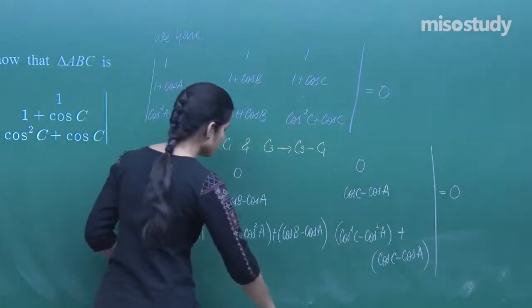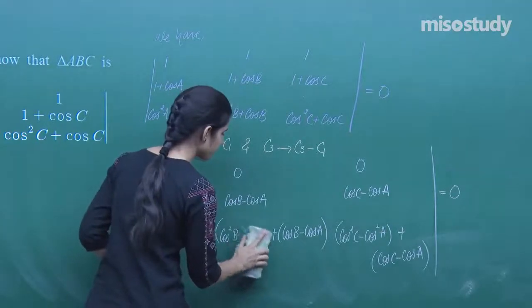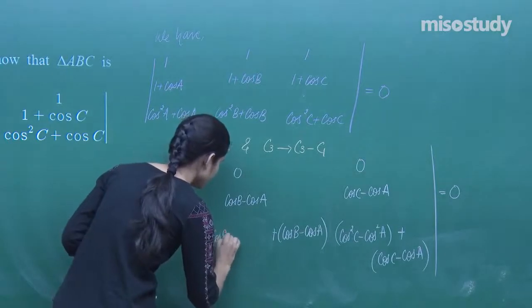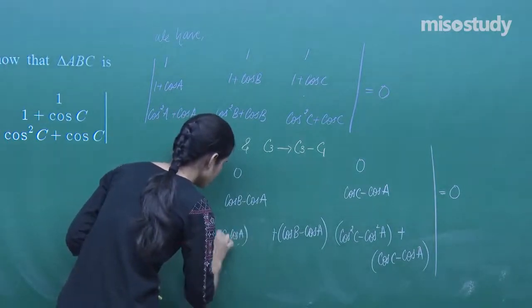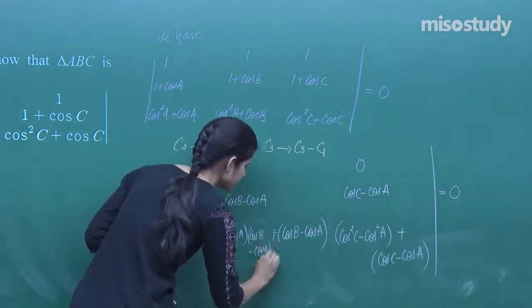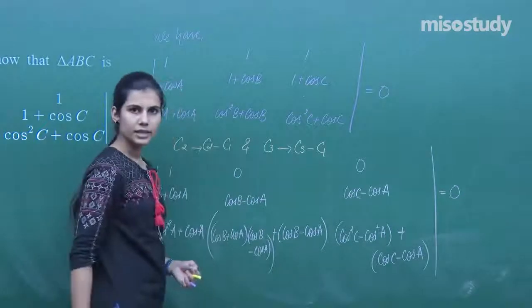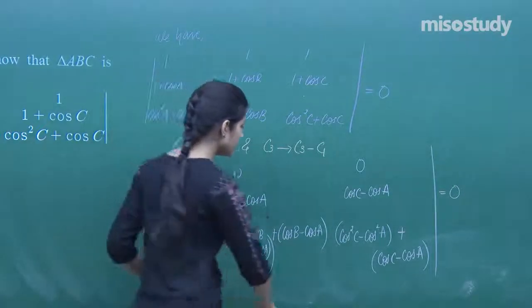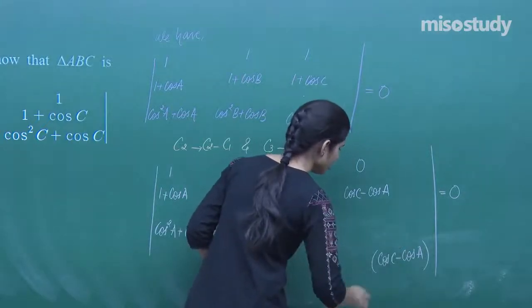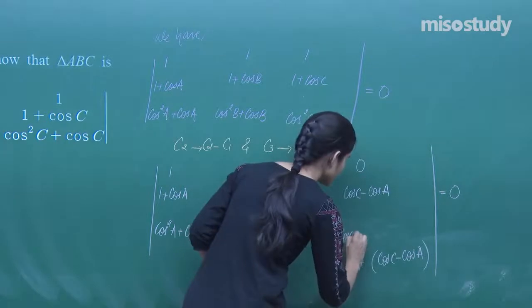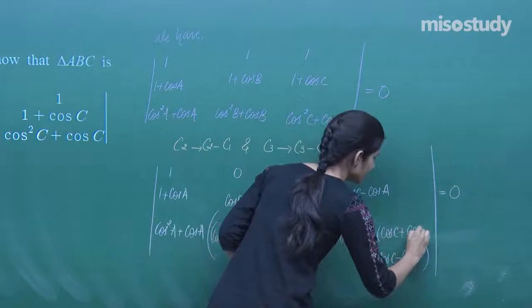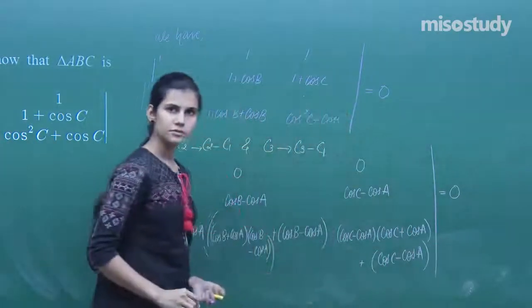You can write cos square B minus cos square A as what? Let's try to manipulate here itself. This is cos B plus cos A multiplied by cos B minus cos A. A square minus B square is A plus B into A minus B. Similarly, cos square C minus cos square A is cos C minus cos A into cos C plus cos A. Right?